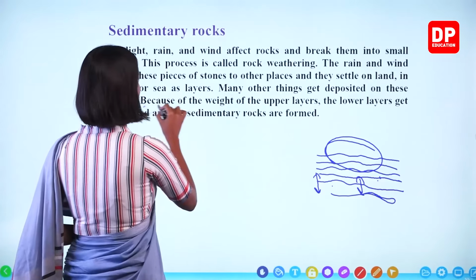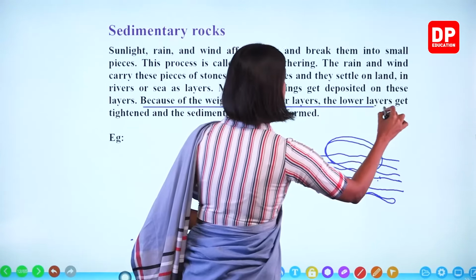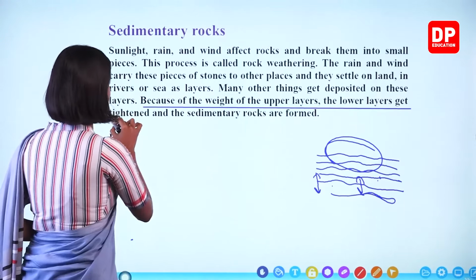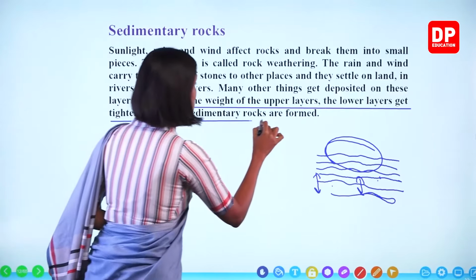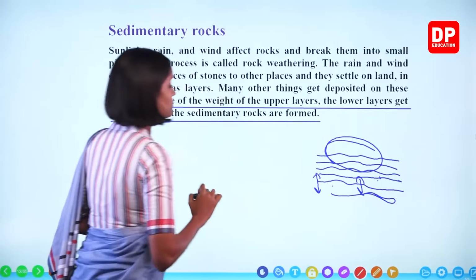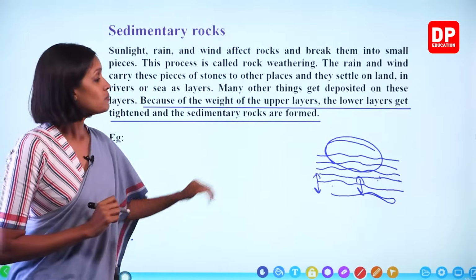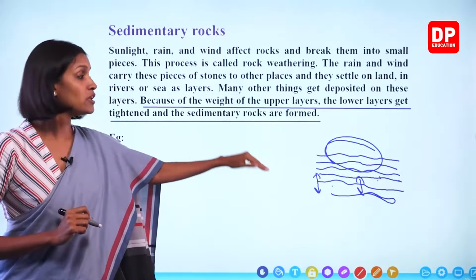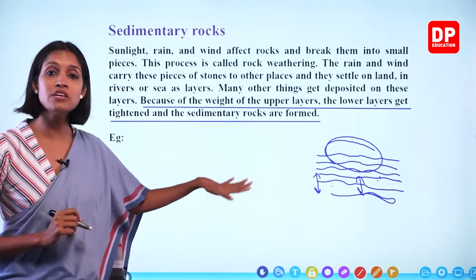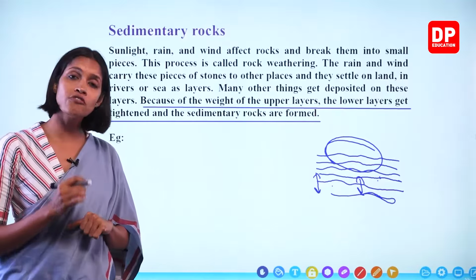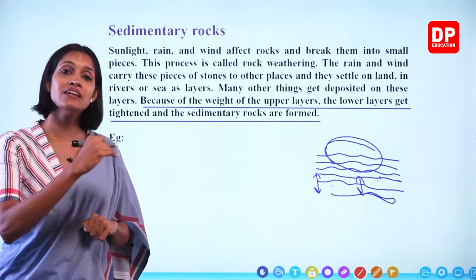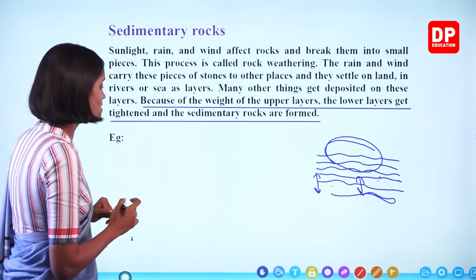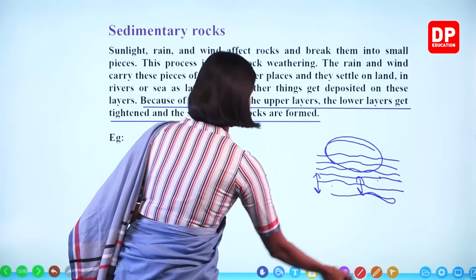Because these sedimentary rocks are formed as layers, when you observe a cross-section of a piece of sedimentary rock, most of the time we could see that it is present as layers. Okay, children? We will write some examples.